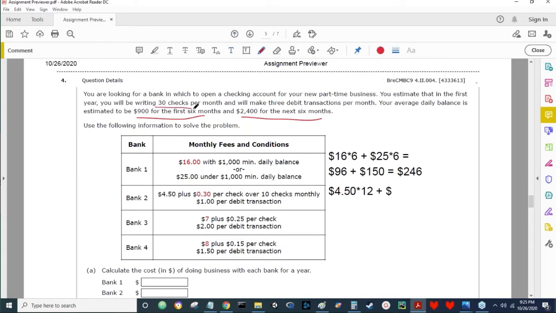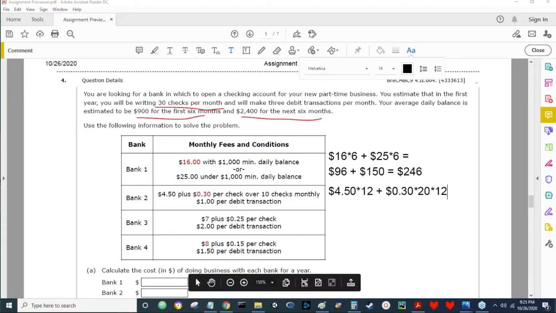So up here in the word problem, we write 30 checks per month. So that means we're going to get charged 30 cents for 20 checks, because this bank said they're only going to charge us when we write over 10 checks. Right, the first 10 checks are free. So if we write 30 checks, we're paying for 20. But that's per month, so we need to multiply this by 12 to calculate how much the checks cost us per year.